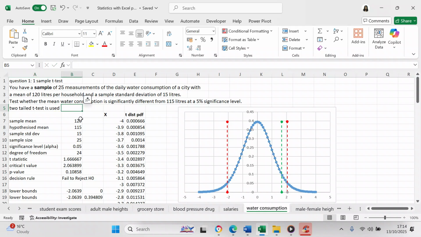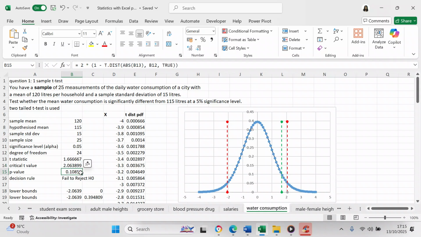Okay, so your critical value is T.INV.2T. So 2T, T means it's a t-distribution, and 2T means it's two-tailed. B11 is your significance level, that's 0.05, and B12 is your degree of freedom, and that's 24. So your critical t-value is 2.06.